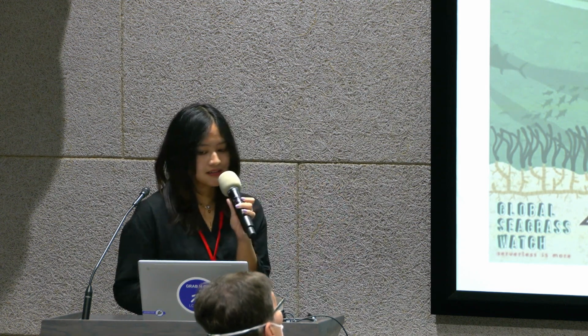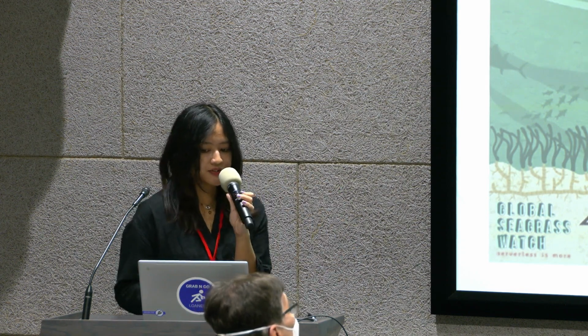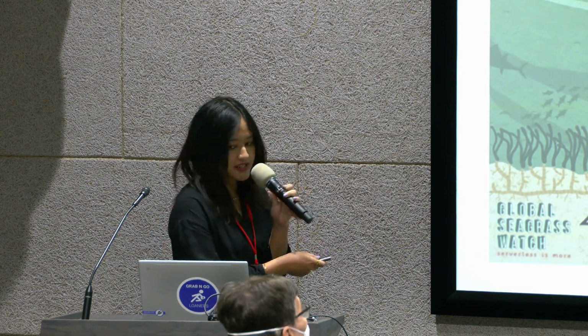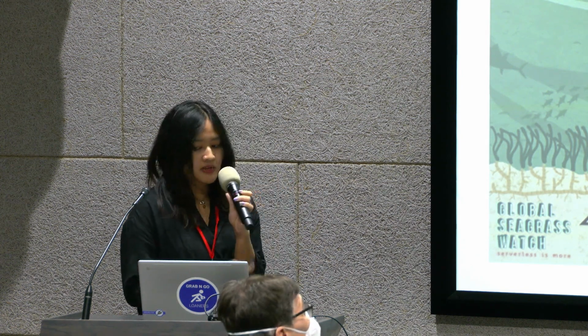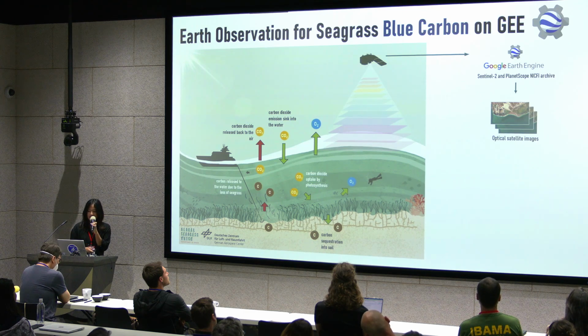Here you can see the Copernicus Sentinel-2 satellite retrieving this image from space by using the Google Earth Engine archive. We compose cloud-free images using thousands of these images.